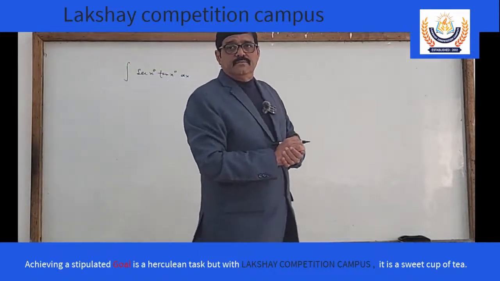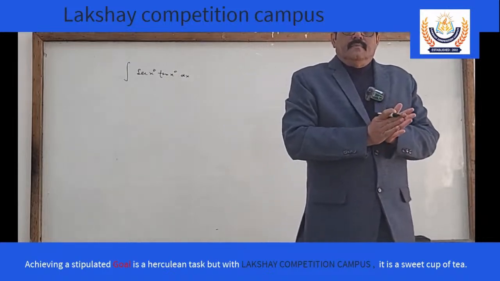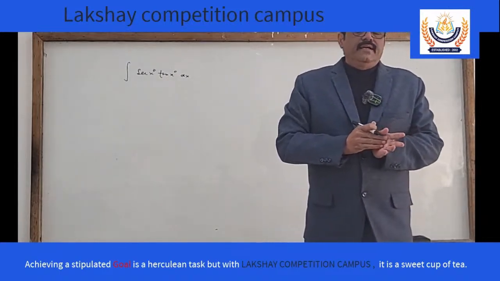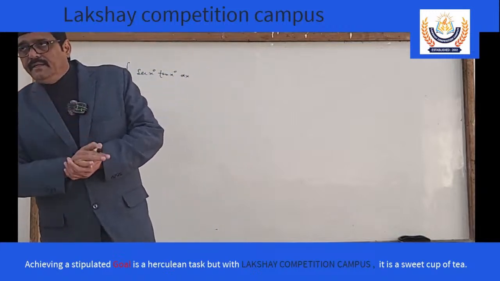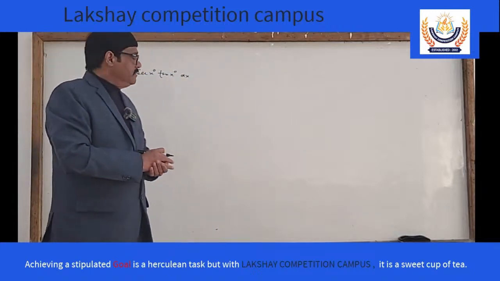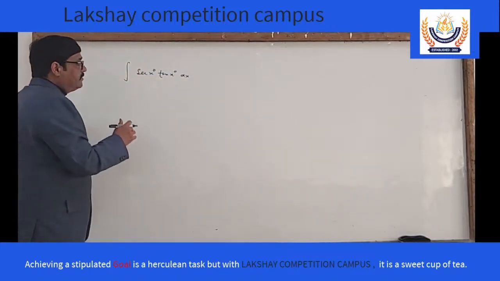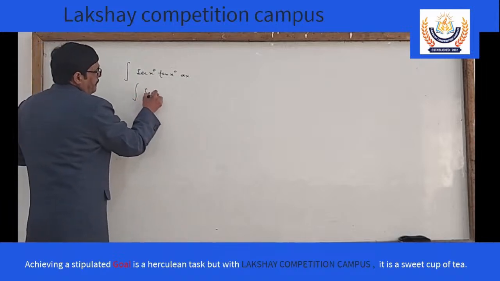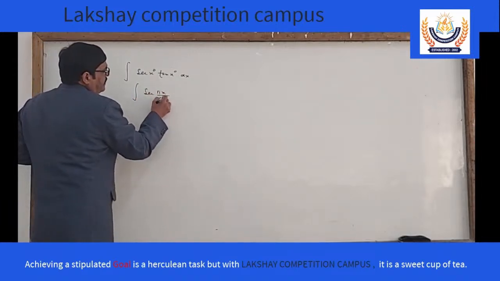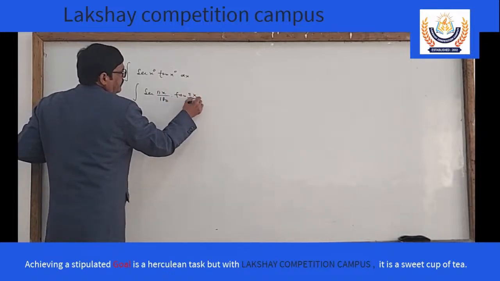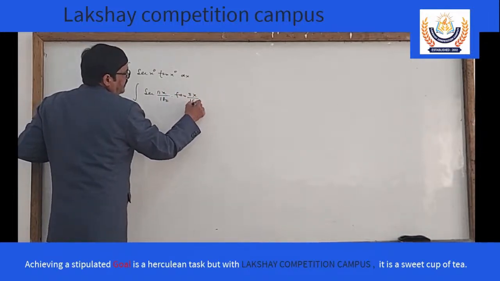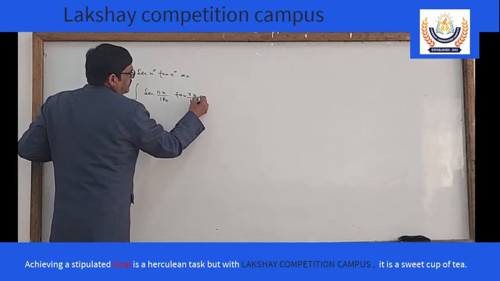What is the integration of this? As we know, students, we cannot find the derivative as well as the antiderivative, that is integration, in degrees. So we convert it into radian. We multiply by pi by 180 to convert into radian.